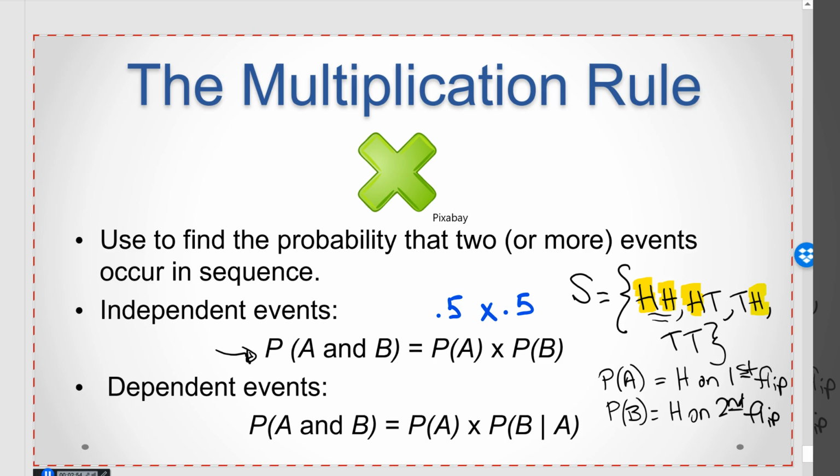The interpretation here: there is a 25% probability that our coin will land on heads for both coin flips.